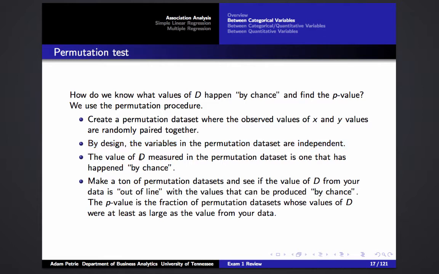So if we make the contingency table, make the table of expected counts, compare them, and calculate the value of D for that permutation data set, that value of D is one that genuinely has been produced by chance. So we can repeat this process. We can make a ton of permutation data sets and see if the value of D that you measured in your sample is one that can be produced just by chance if x and y were independent of one another.